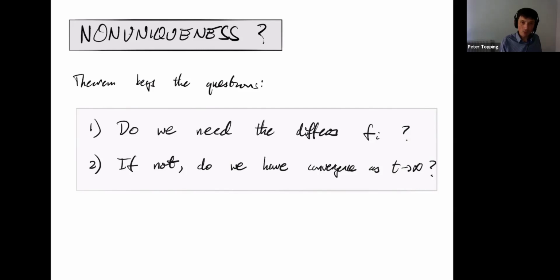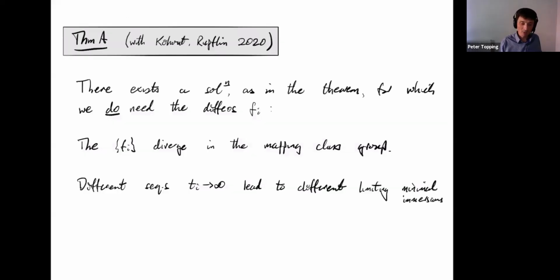Okay, so let me give you a theorem. I should say, sometimes when you have a question like this, you pretty much know what the answer is. You just don't quite know how to prove it. When we proved the theorem on the previous slide, we really had no idea. Anyway, now we do. So this is a theorem that's being published this year. And basically, you really do need the diffeomorphisms F_i.